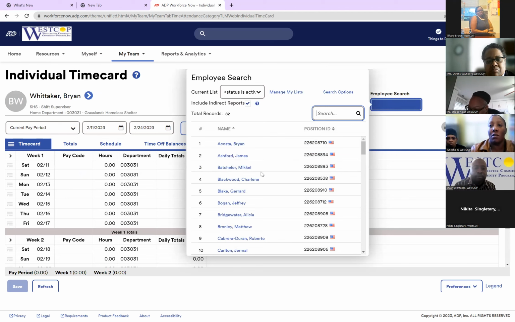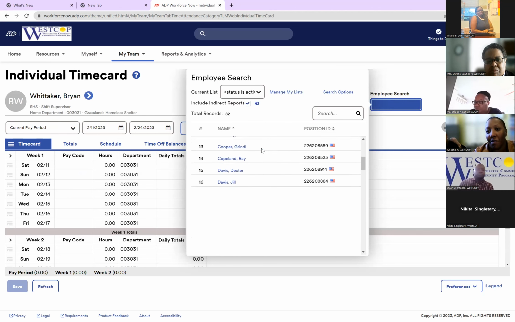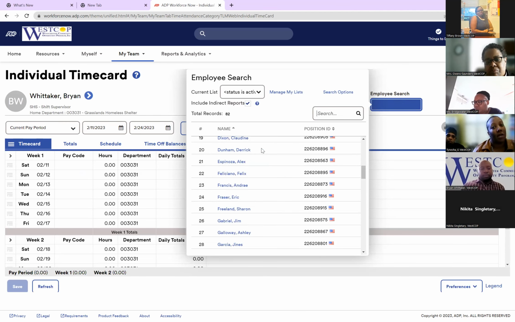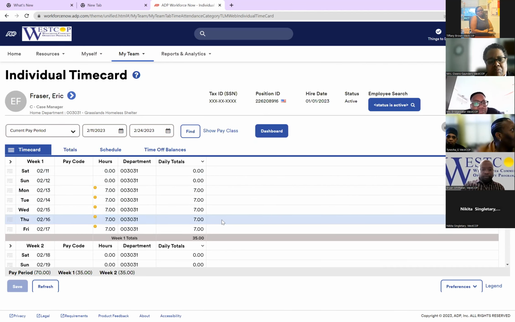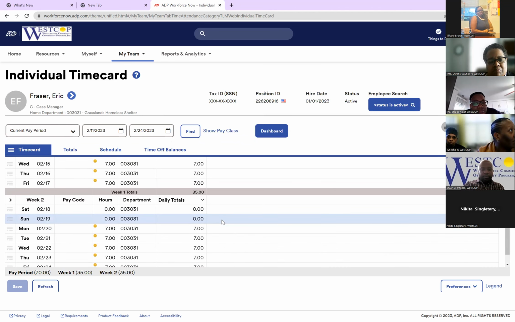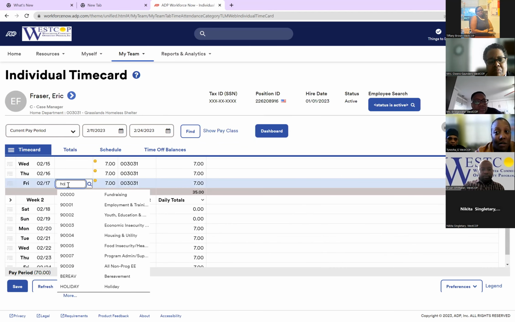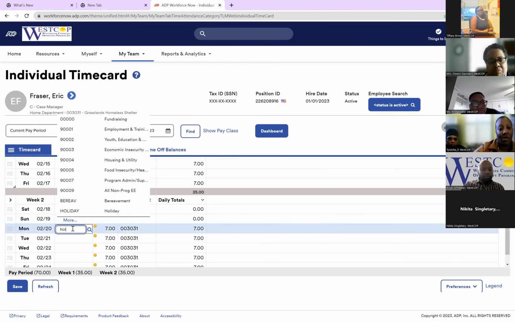Let me see another case manager. Frazier. So Frazier came in, his hours are mainly already put in. We just have to add the holiday because he took this day off. And we add the holiday here.